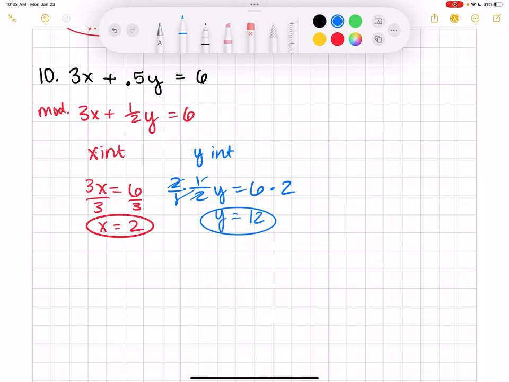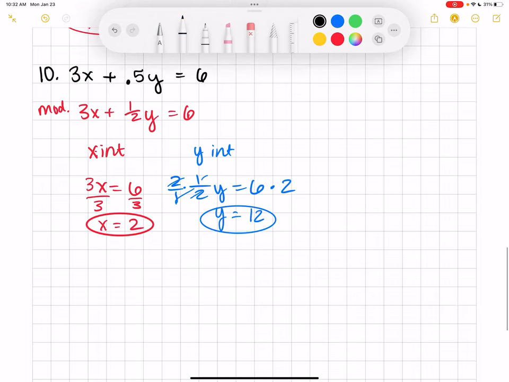All right, one more of these. So number 12, we have y is equal to 2x plus 24.